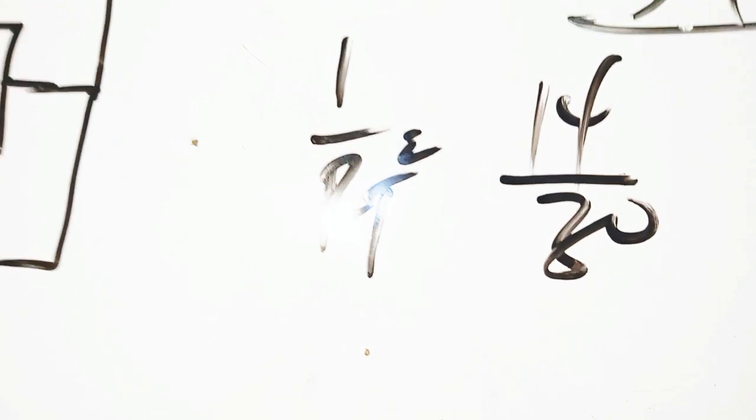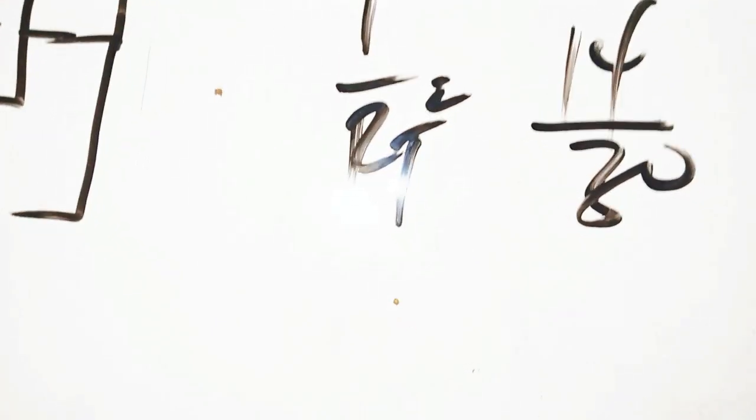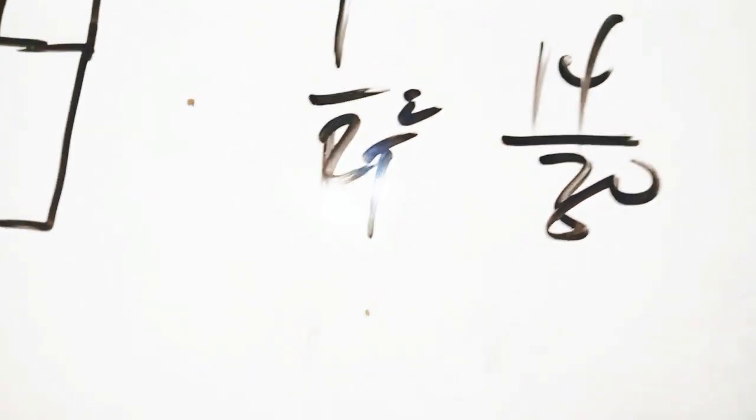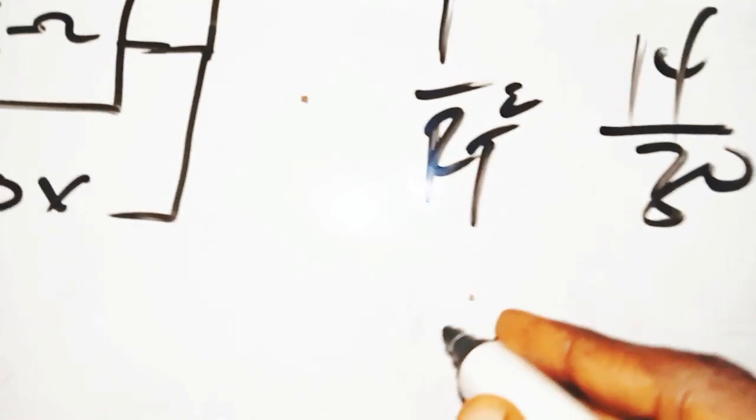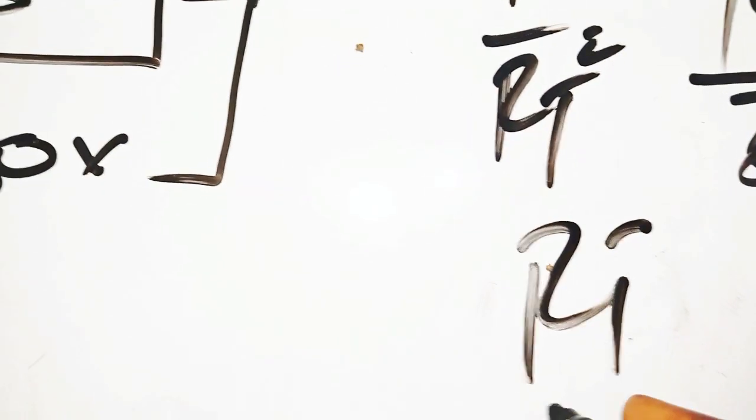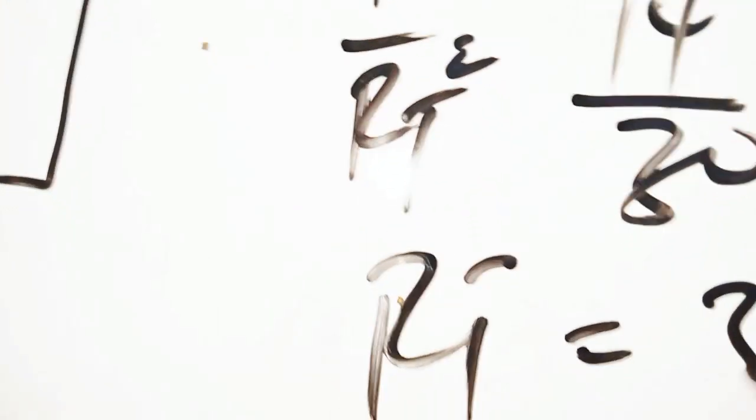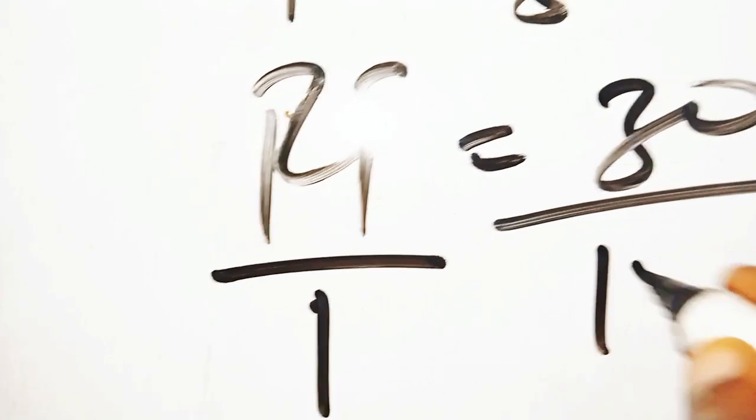So we want to find our RT, not 1 over RT. We want RT. So RT over 1 is equal to 30 divided by 14.